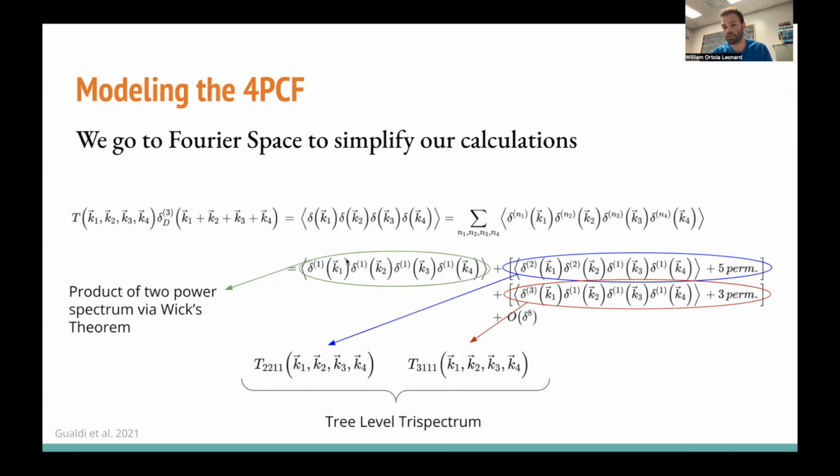What we want to study is the next contribution, which comes from non-Gaussian random fields and is known as the tree-level trispectrum. The first term here is denoted by the T2211 term. The red term here is denoted by the T3111 term.